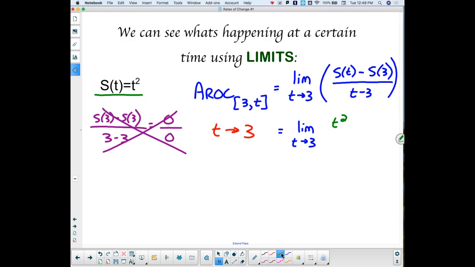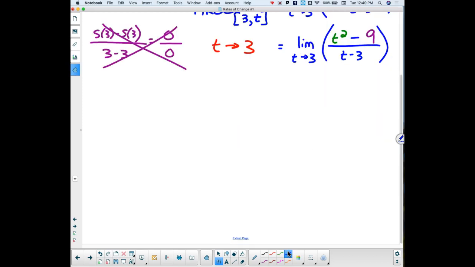S of 3 is what? 9. And t minus 3 is t minus 3. Mathematically, is there anything we can do here with that?